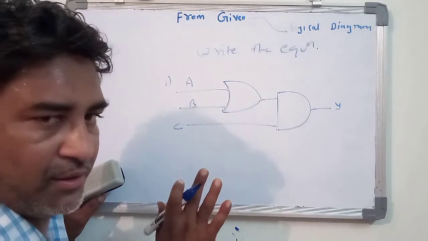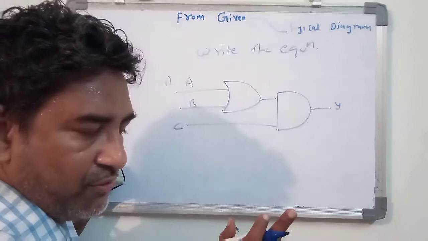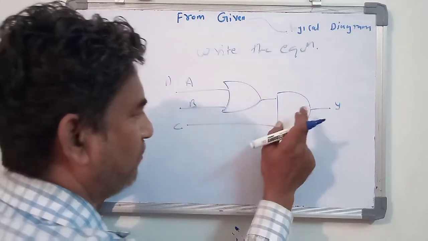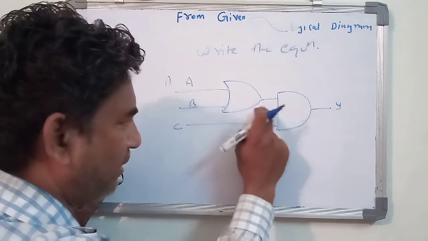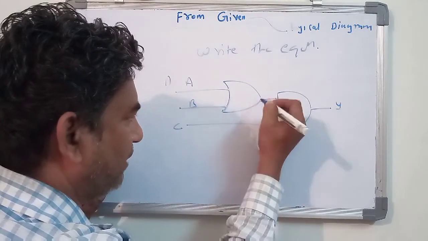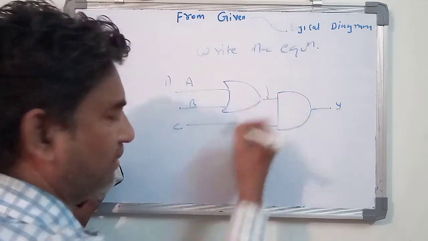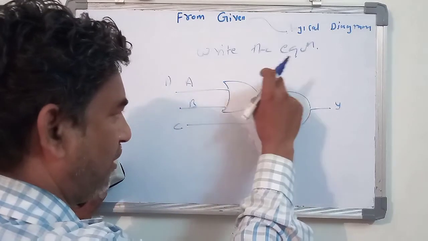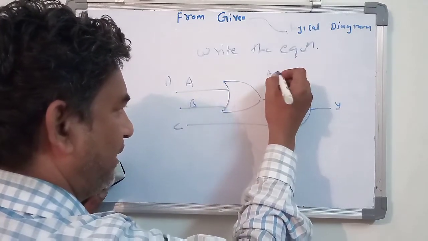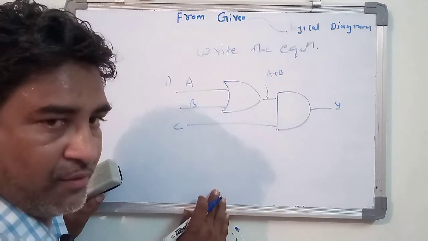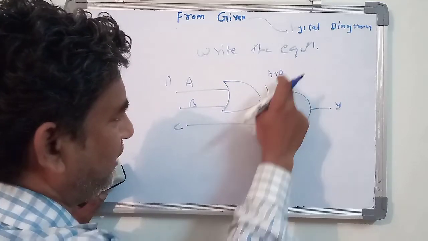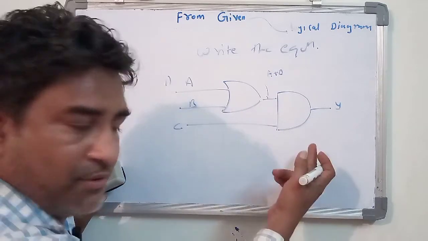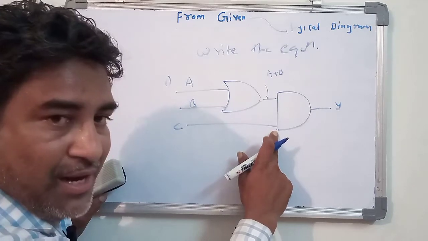It is very simple. So very first, what you have to observe is the output of the first gate, and the output of the second gate. At the output of the first gate, you mark like this, and you write down the equation of the OR gate. So here you will get A plus B. This A plus B is the input for this one, and C is the next input for the AND gate.